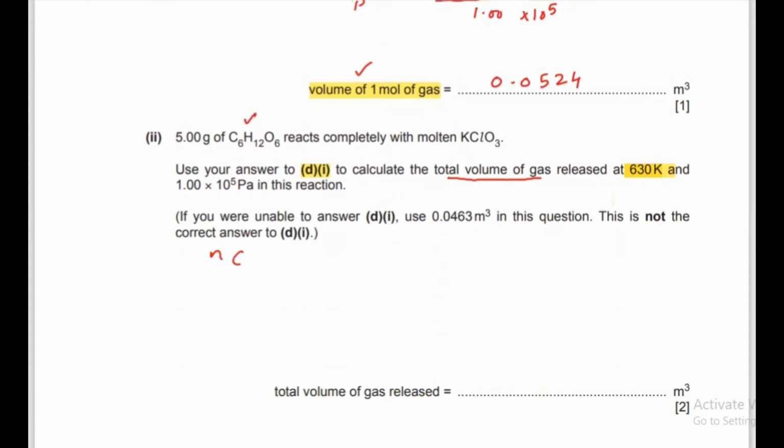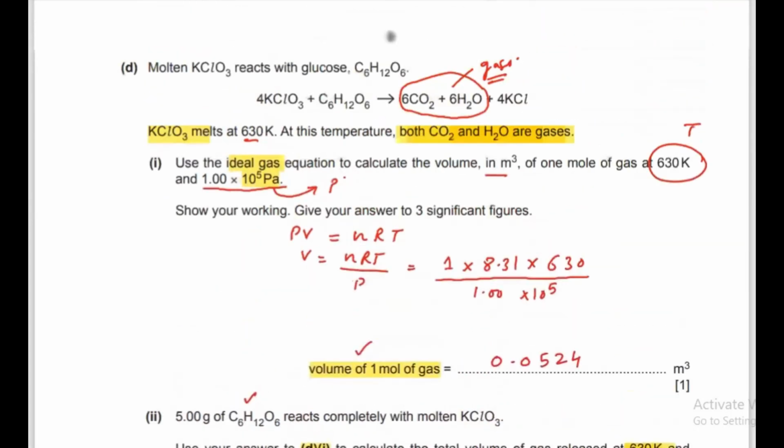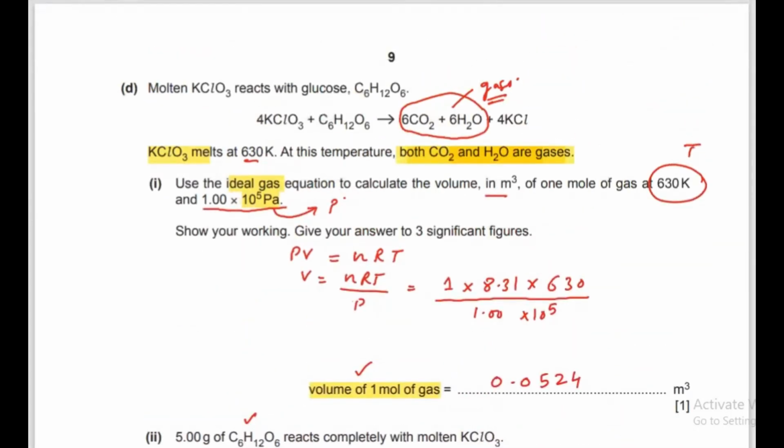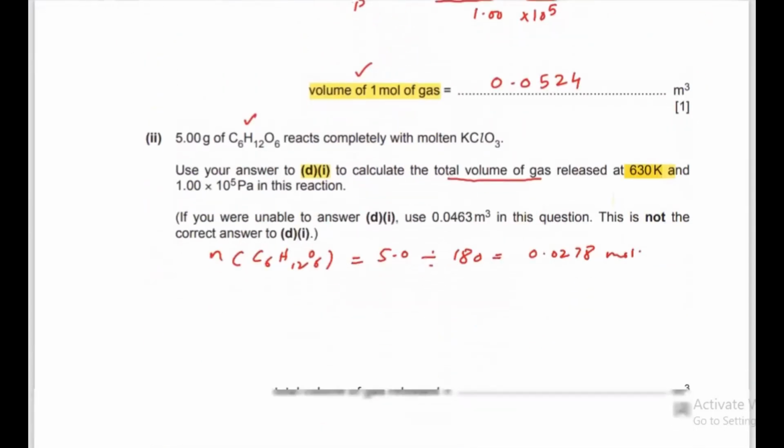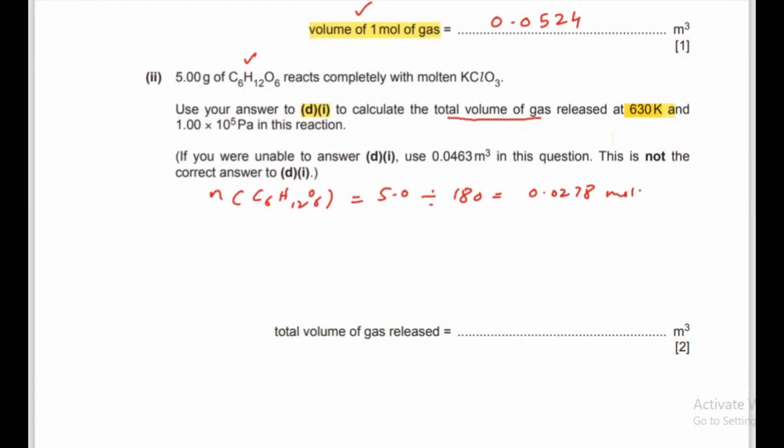So first of all, calculate the moles of glucose. 5.0 divided by 180, which is the Mr, is 0.0278. These are the moles of glucose. 1 mole of glucose produces 12 moles of gases.